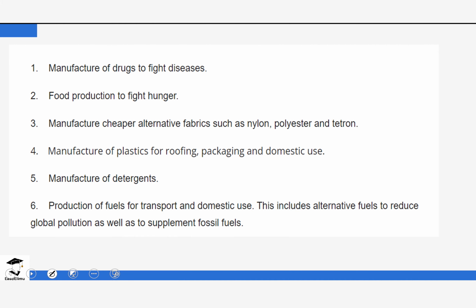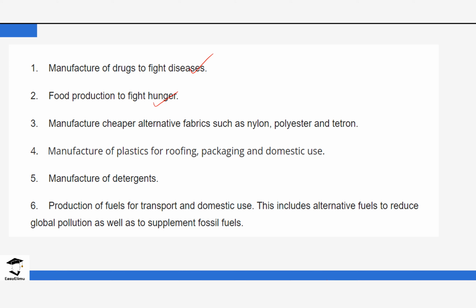And also, we know chemistry is used in different manufacturing companies. For example, it is used to manufacture drugs to fight diseases. It's used in the production of food, which helps in fighting hunger.